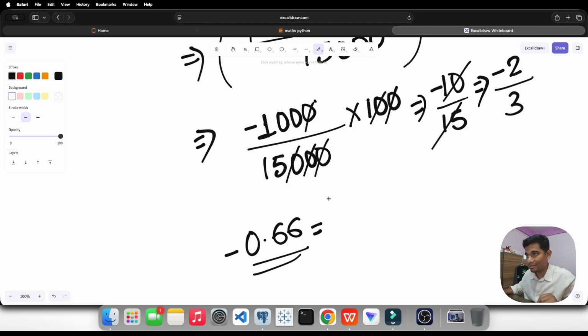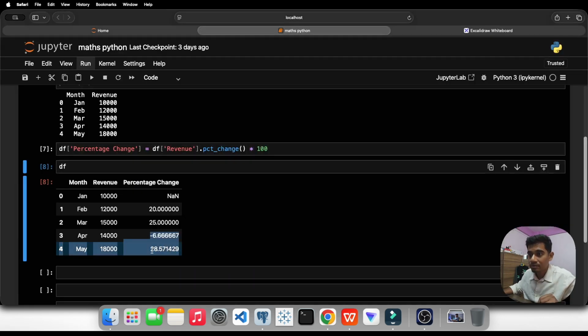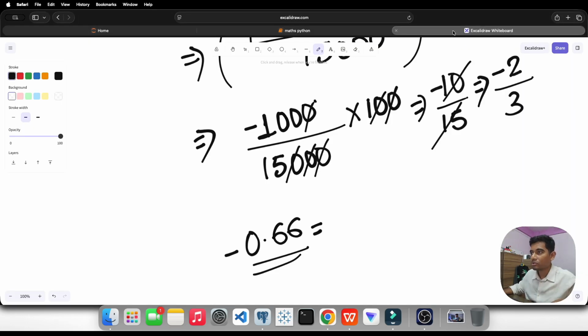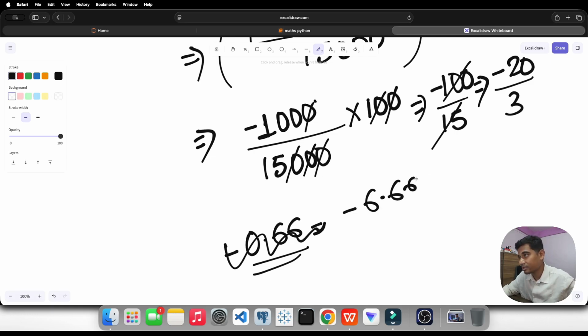Simple as it is. This is what you get in output. Simple as it is, right? So in this way, oh sorry, it is 100, right? So 20 by 3. So it will be minus 6.66.